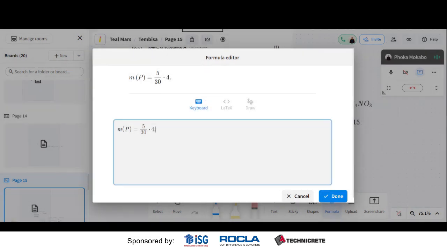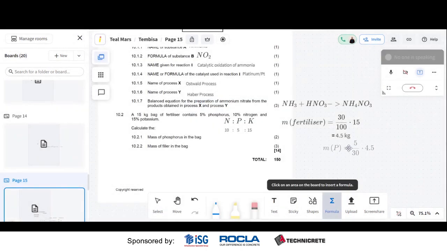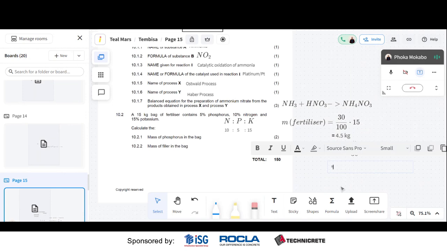I mean, simply finding the parts of a whole, and that is equal to 0.75 kg. That was 10.2.1.